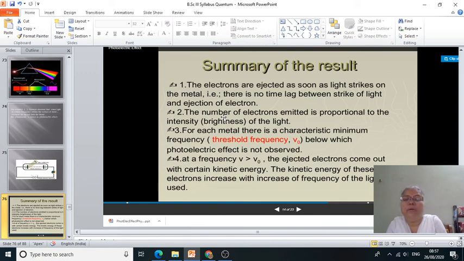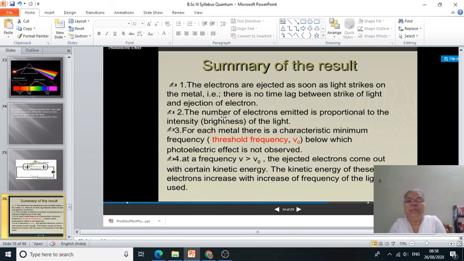The number of electrons emitted is proportional to the intensity, that means brightness, of the light, and for each metal there is a characteristic minimum frequency called threshold frequency, nu zero. It is essential for the ejection of electrons, and below this threshold frequency the ejection of electrons does not take place. That means below this frequency, the photoelectric effect is not observed.